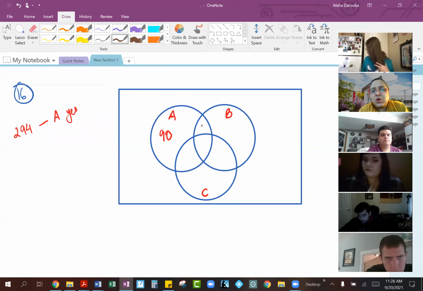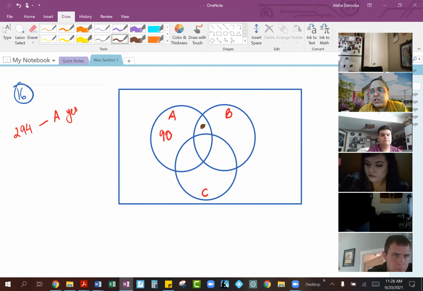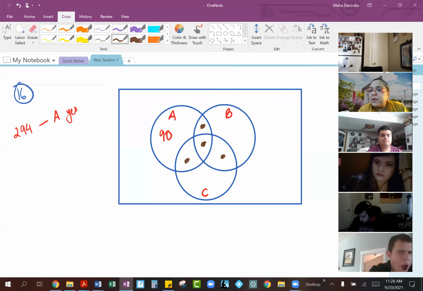Because think about it here, and I'm going to again try for a different color. Let's do brown. So this one over here, this section represents people who voted yes on A and B. This little section here represents the people who voted yes on A and C. This section here represents the people who voted yes on B and C. And then the very centermost is for people who voted yes on all three propositions.